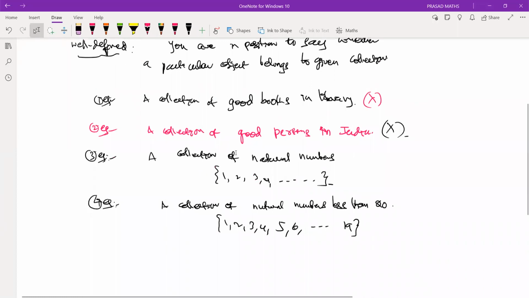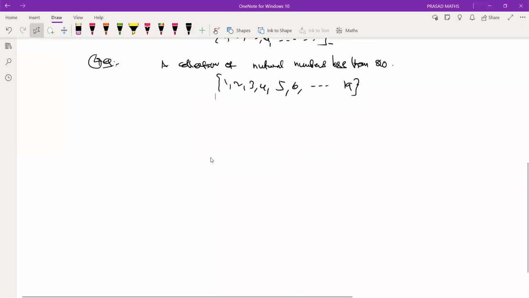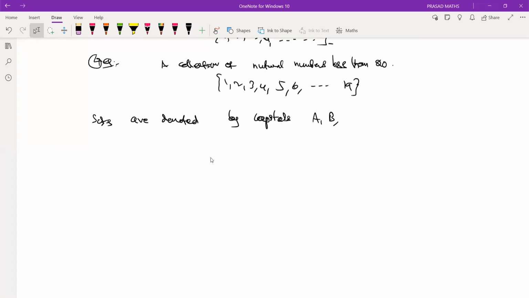So generally, you know that in basic set theory, sets are denoted by capital letters, like A, B, C, like P, Q, R, etc. And the members in a set are nothing but elements, which are denoted by small letters.